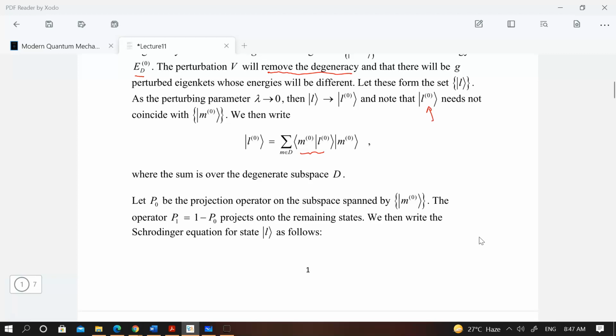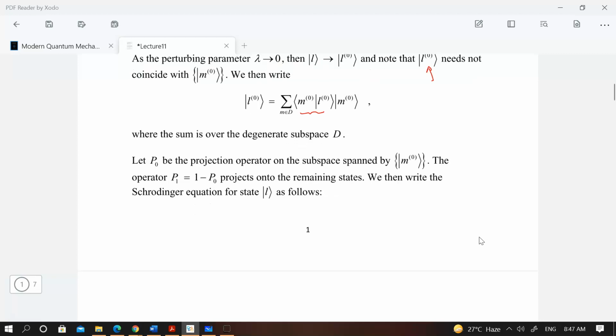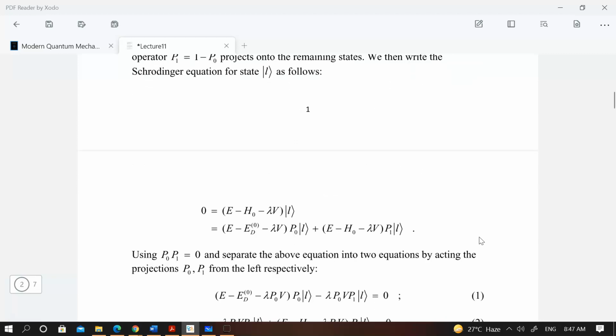So when we write down the Schrodinger equation, like the perturbation theory before, we'll have something like this. This is coming from your earlier perturbation theory, and this is your perturbed state. This equation is coming from your Schrodinger equation.